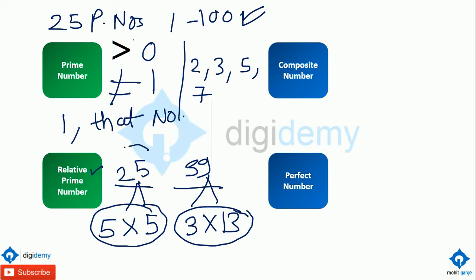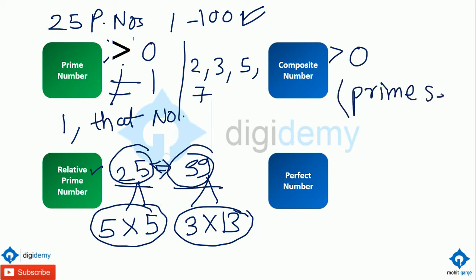Hence, they are known as relative prime numbers. These two are relative prime numbers. Now, what are composite numbers? Composite numbers are numbers which are greater than 0, and simply I can say these are the set of numbers which are not prime numbers. Also, they are not equal to 1.